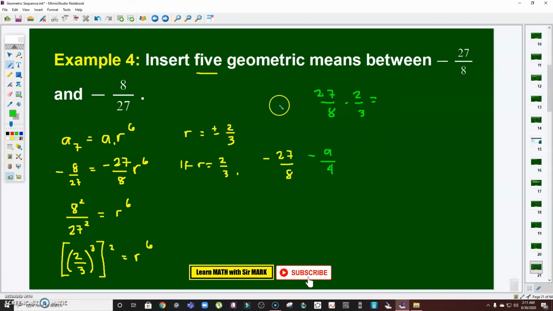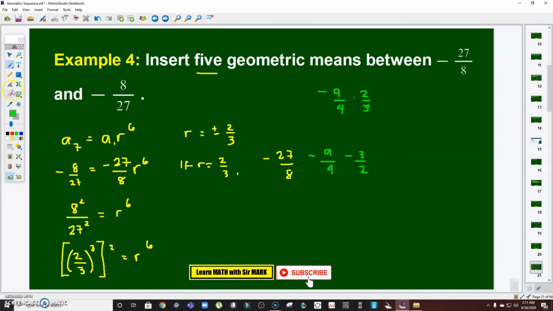See that? Okay. Next. Let me erase it. I have no more space. So, just follow along. The negative 9/4 times the common ratio, positive 2/3. So, again, 9 over 3, that's 3. So, negative 3. 2 over 4, that will become 2.